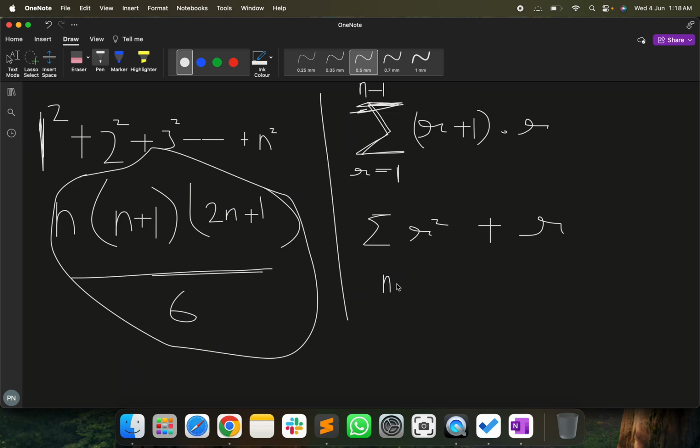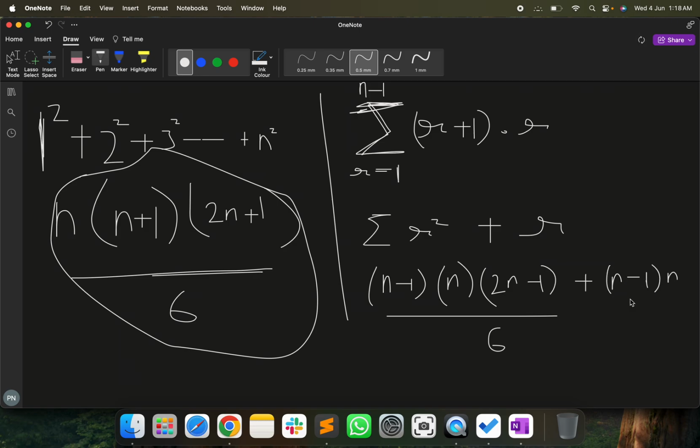So we are going to write n minus 1 into n into 2n minus 2 plus 1, that is minus 1, by 6, plus n minus 1 into n by 2.